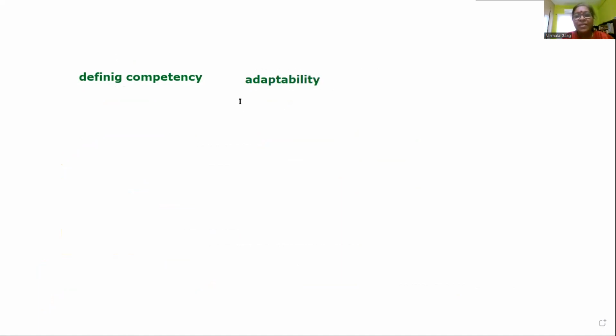If I have to define this, how will I define it? How do you understand the definition of adaptability? You can always look at the internet, at a global definition, go to Wikipedia and look at it. Typically, what will a generic or global definition be? Adaptability is what?